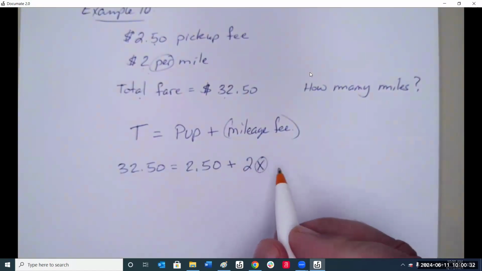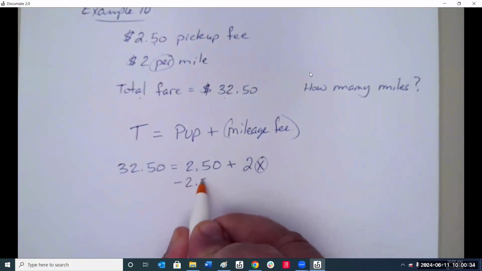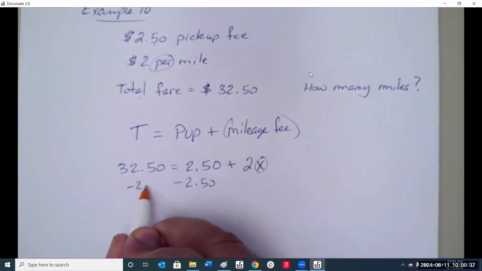To solve for x, the number of miles, we subtract 2.50 from both sides.